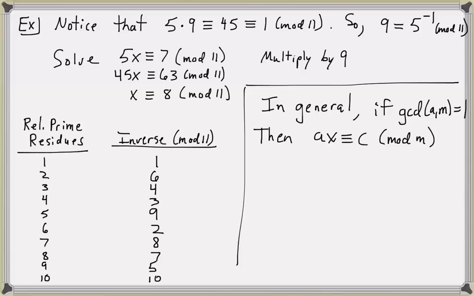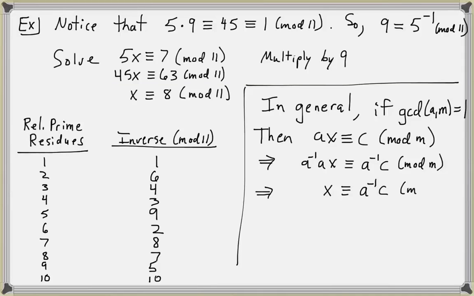We can multiply both sides of this congruence by A inverse, and we see that X will therefore be congruent to A inverse times C mod M. And this must be the unique solution mod M, because the GCD of A and M is 1.